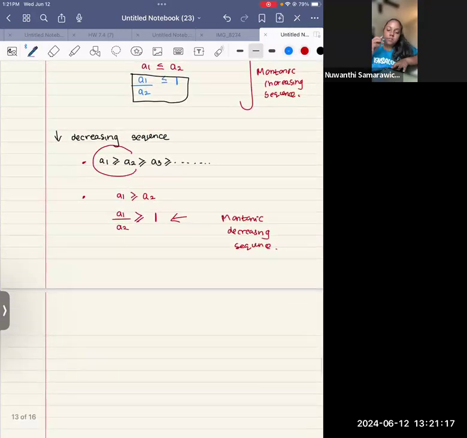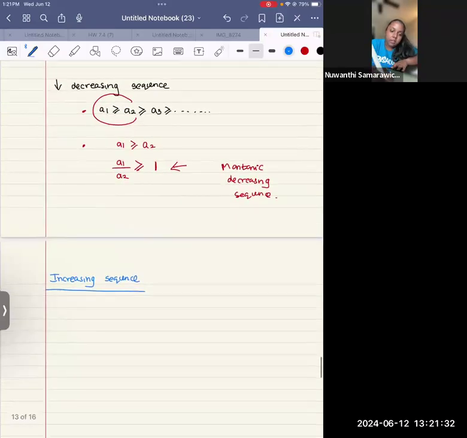Okay, so how do we visualize the increasing sequence and the decreasing sequence? Let's visualize the increasing sequence, or monotonic increasing sequence. If I draw the graph, you will always get discrete points.